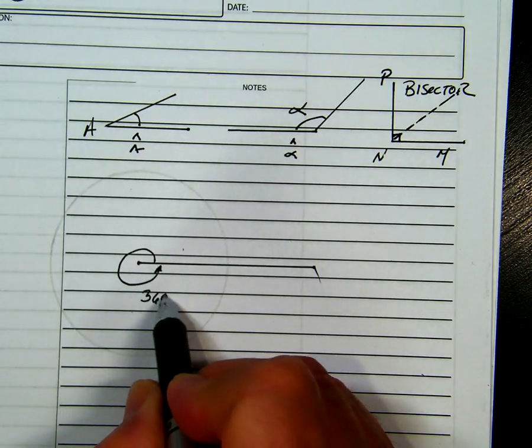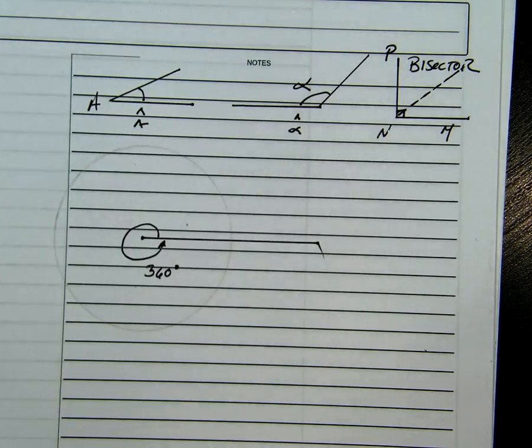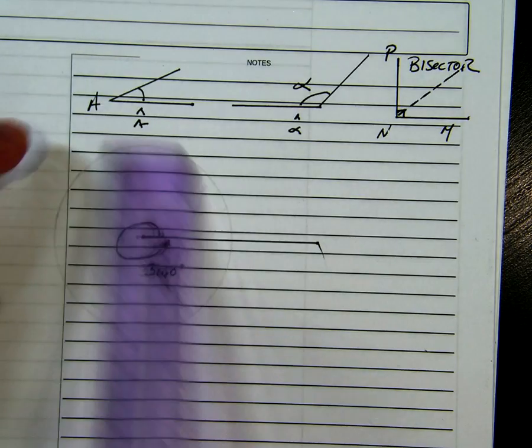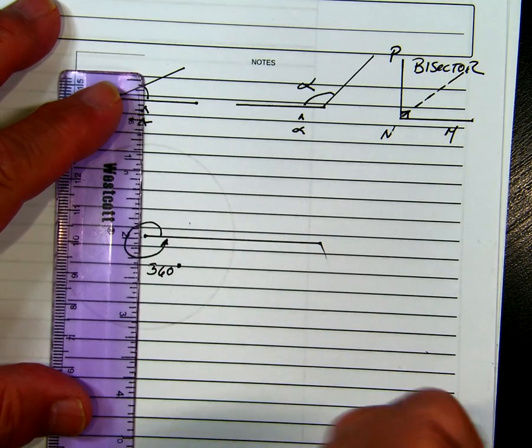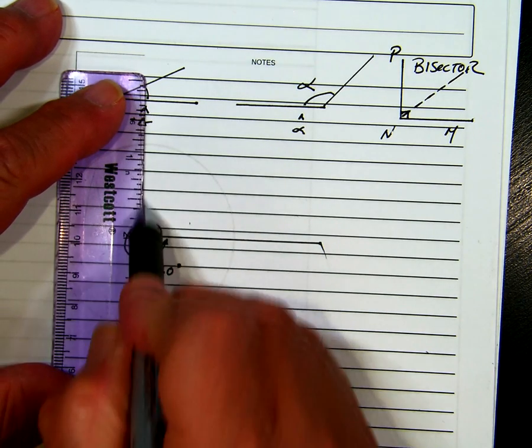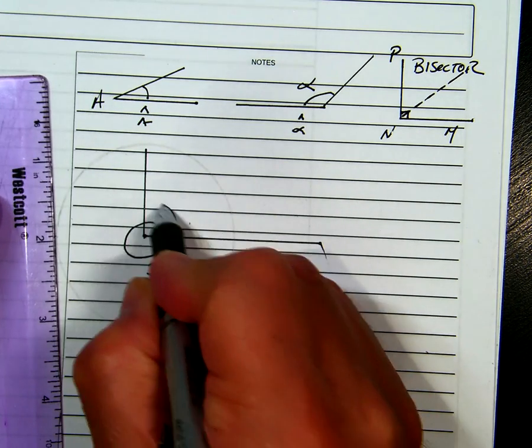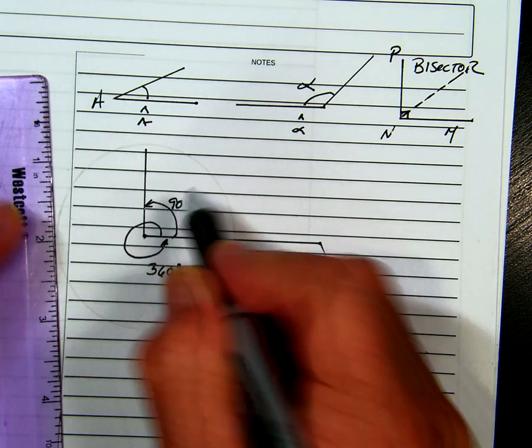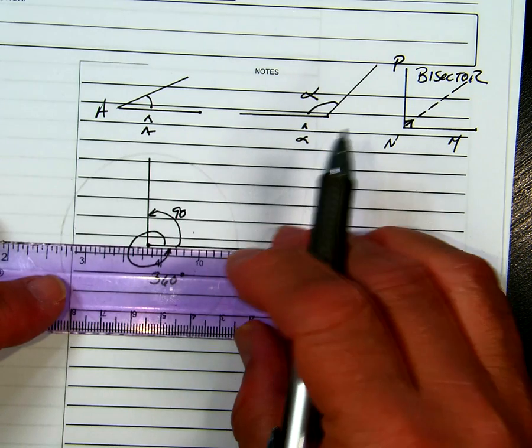We discussed the reason why that's 360 and not any other number. But now when we start measuring the angles, obviously if you go to a vertical, that would be 90 degrees. That's 90. And then 180 if we go to the other side.